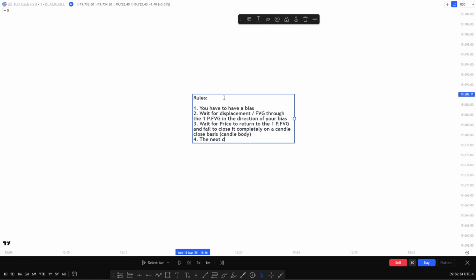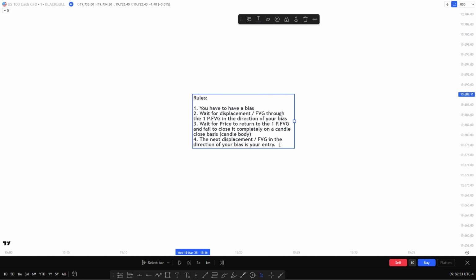The next displacement slash fair value gap in the direction of your bias is your entry. That's it.